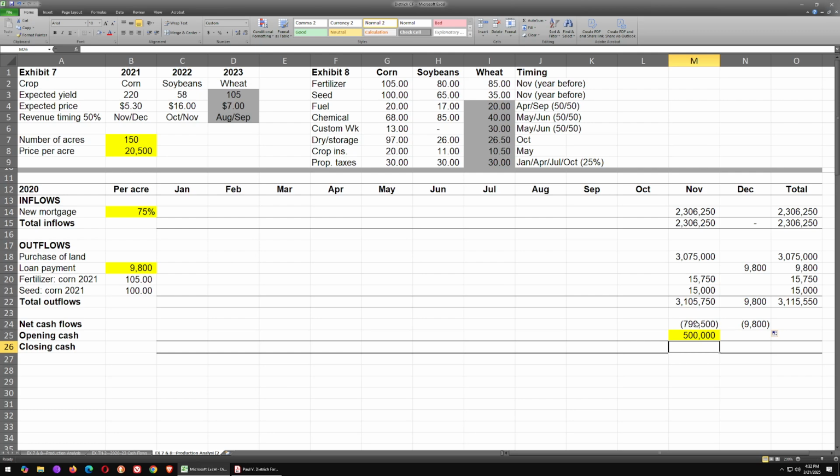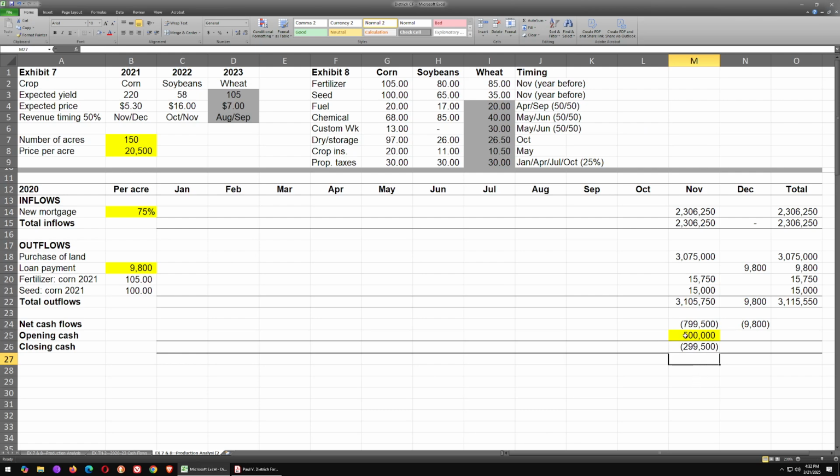It's going to be the changes in cash flow plus the opening cash equals the closing cash. So this equals the net cash flows plus the opening. So it shows us that we started off with $500,000 and we're already in the hole of $300,000.